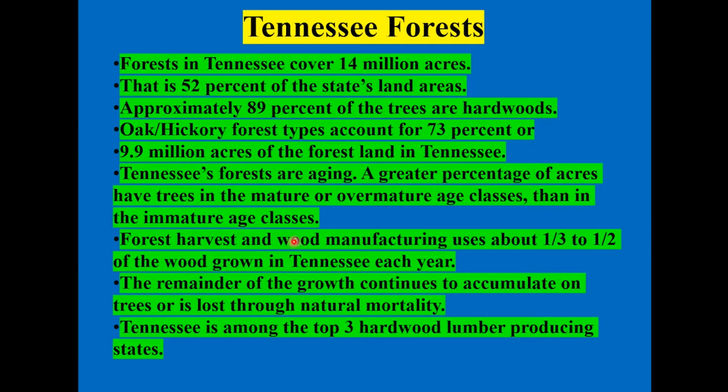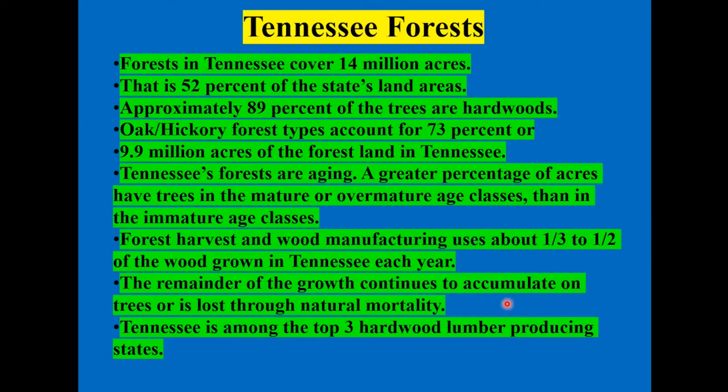Harvest and wood manufacturing uses about a third to half of the wood grown in Tennessee each year. So there's a continuous planting, regrowth, and harvesting. Here's the natural mortality that happens with the tree growth. And Tennessee is among the top 3 hardwood lumber producing states. That's amazing for a small little state.